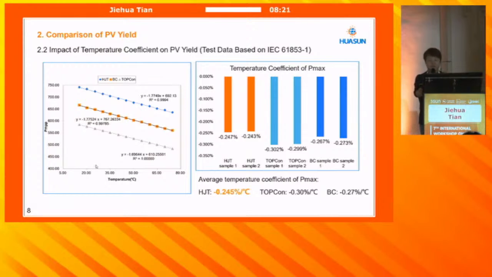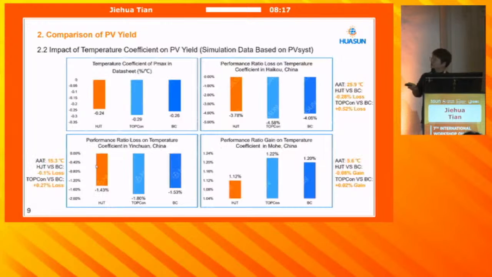BC is minus 0.27. According to the product data sheet, the value for IGT is 0.24, TOPCon is 0.29, BC is 0.26, different from the lab test data.